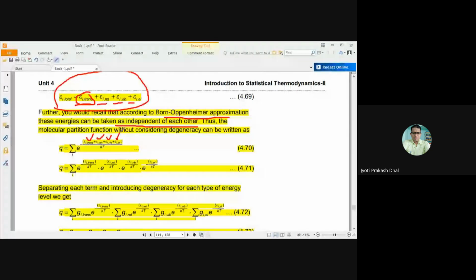That means in place of epsilon i, we are writing this value.